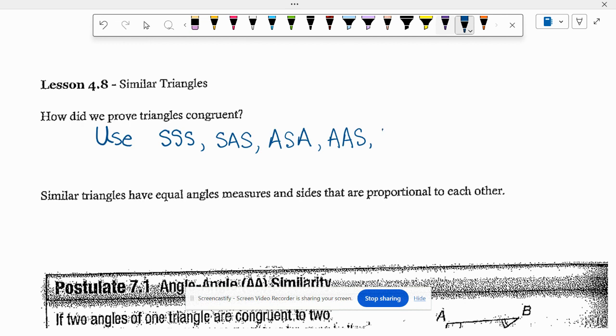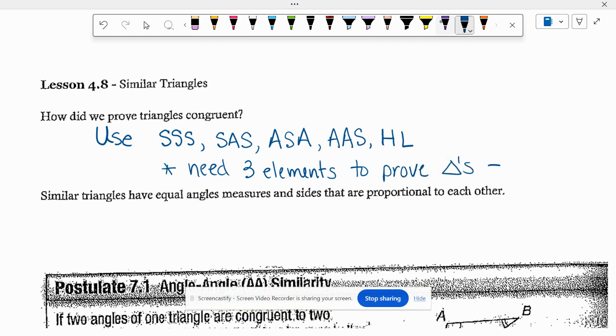Do you remember what we called that one? Yep, HL, hypotenuse leg. So basically, you need 3 elements to prove triangles congruent.